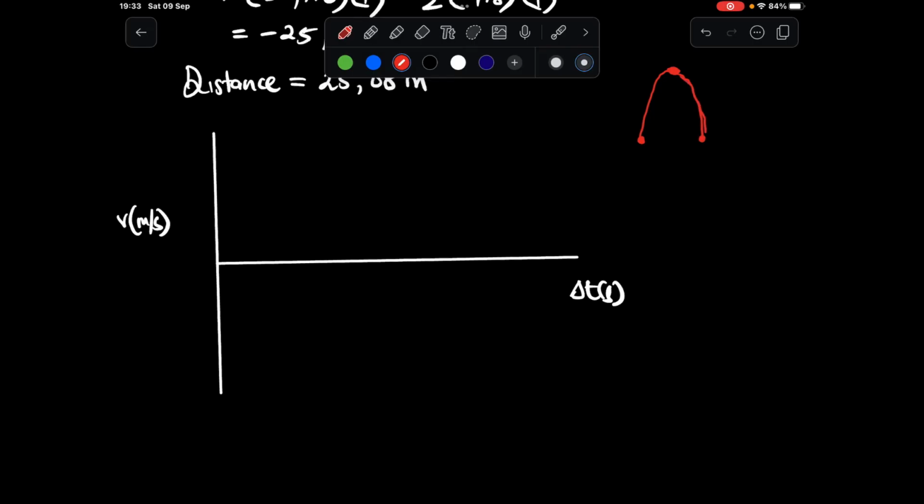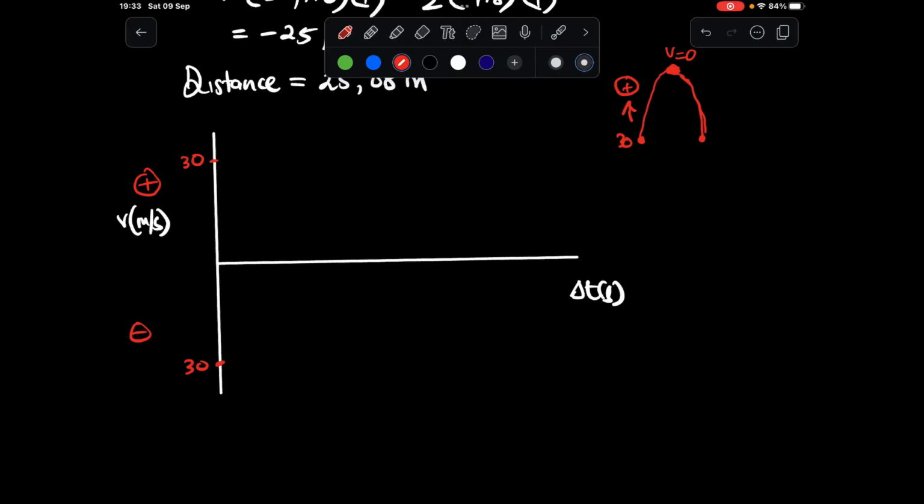So the velocity was going in the positive direction initially until it reaches the maximum point, where the velocity is 0. It's 0 there, and it's 30 the initial. Let's show it in the graph. So it's going to be, say it's 30 there and it's 30 there. This is the positive side in the graph, and this is the negative side in the graph. You don't have to show the positive and negative in the graph.